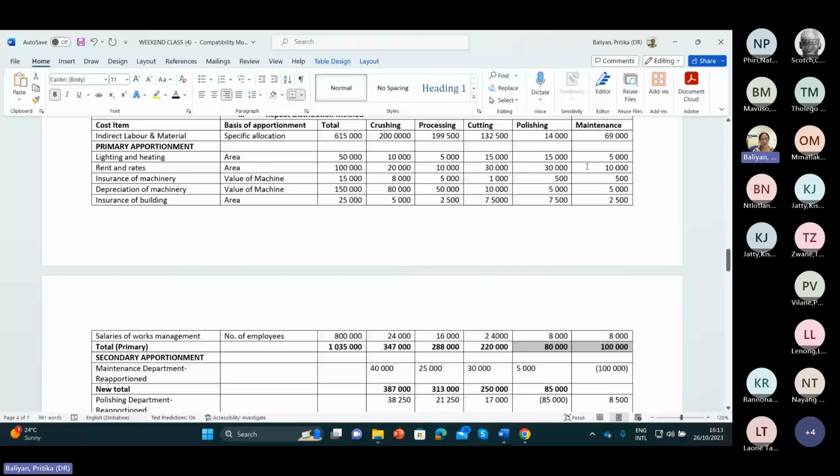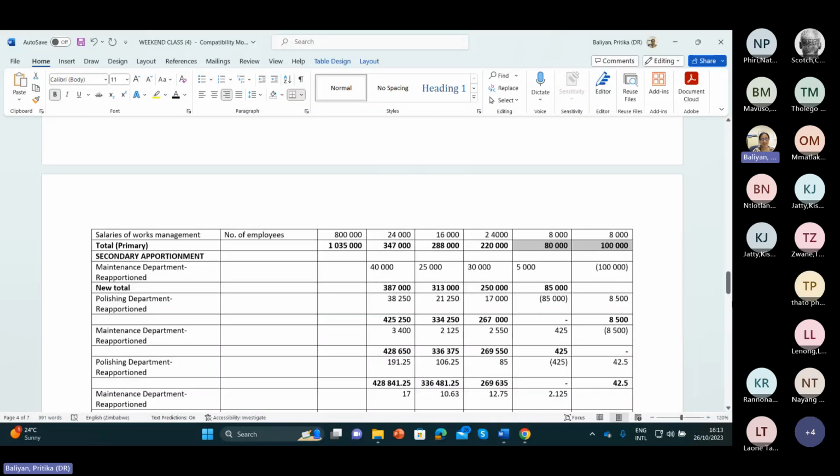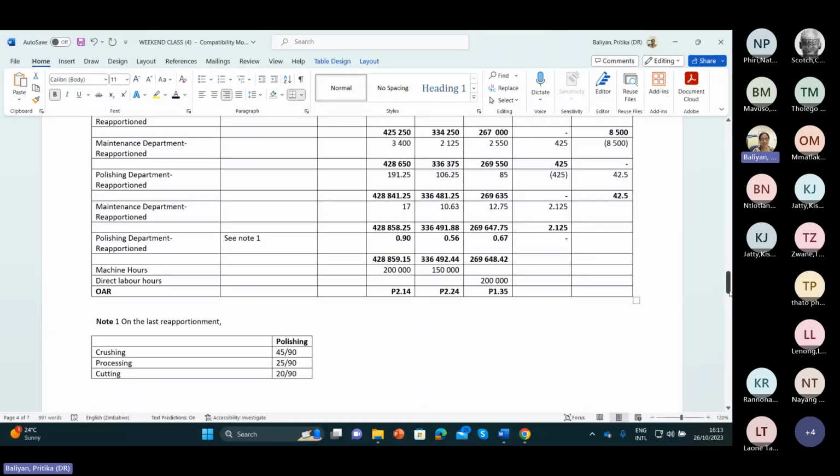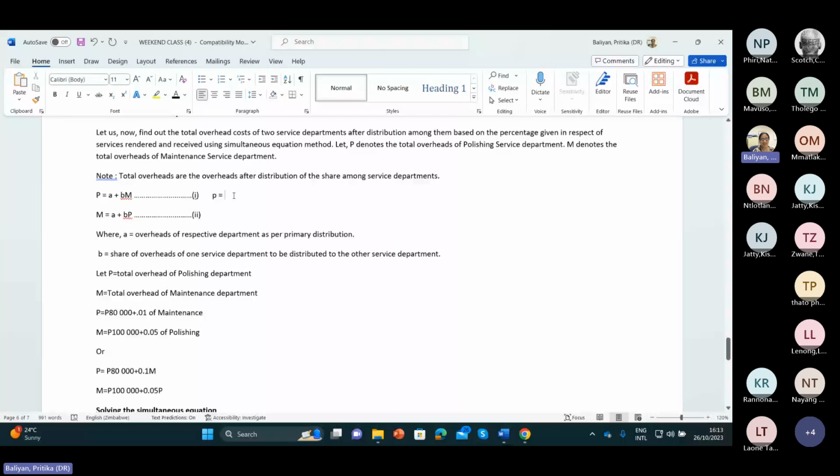So when we are calculating the total overhead cost, including the proportion it gets from maintenance, it will be written like this. P is equal to the total. So P is equal to the 80,000, the cost which we already know, plus it has a percentage of maintenance. So let's see in the question, what is the percentage given there?